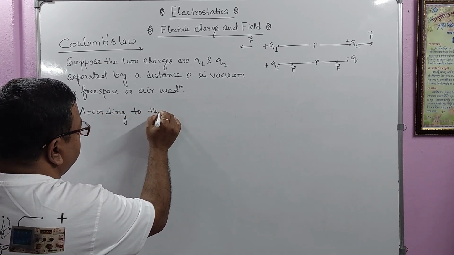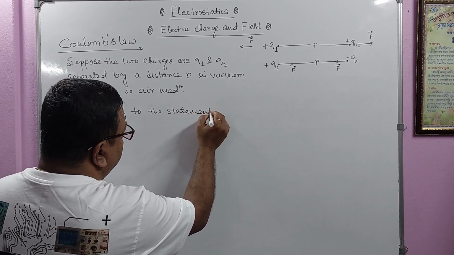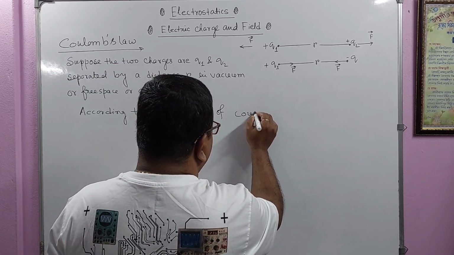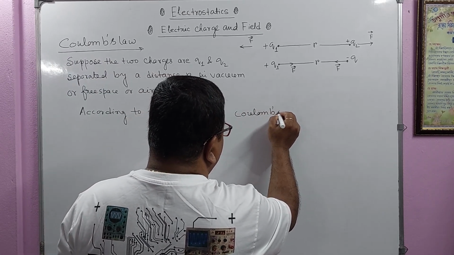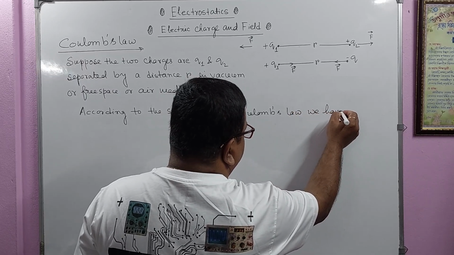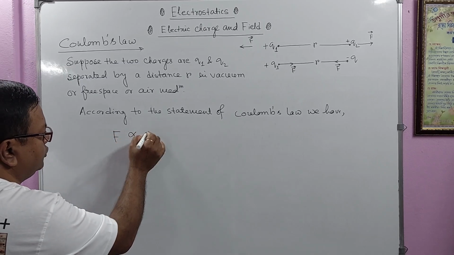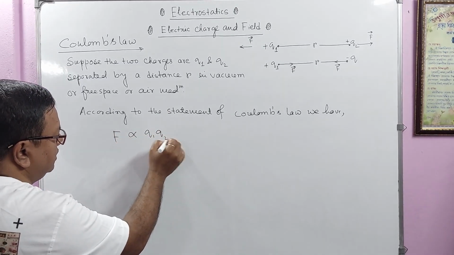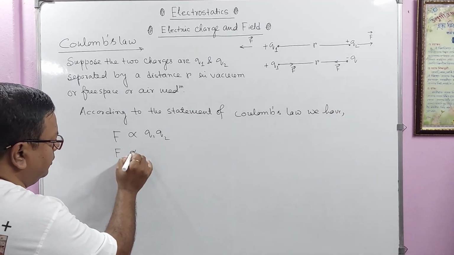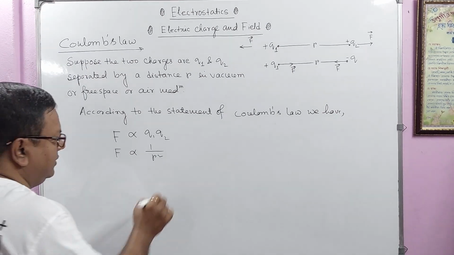the statement of Coulomb's law, we have F proportional to Q1 Q2, that is the product of the charges, and F is also inversely proportional to the square of the distance.